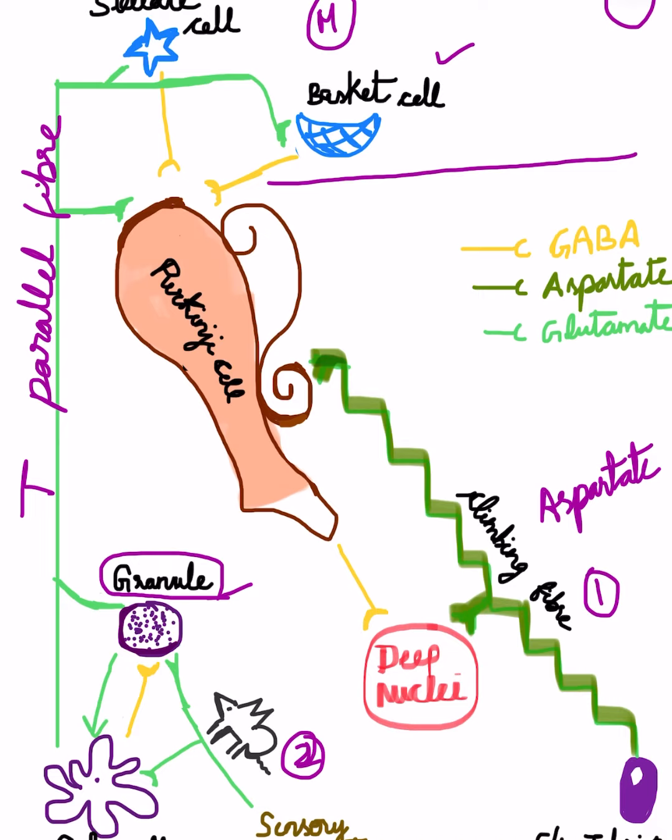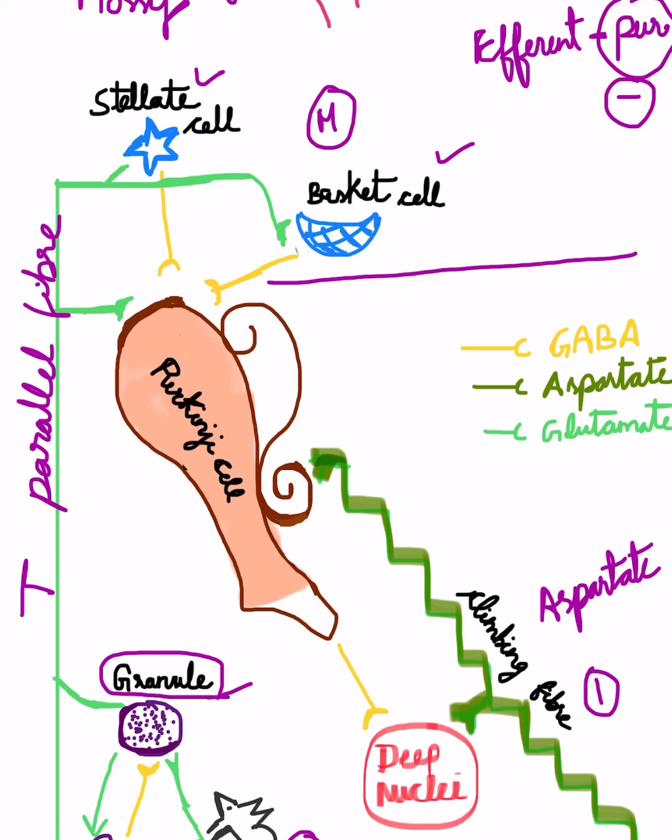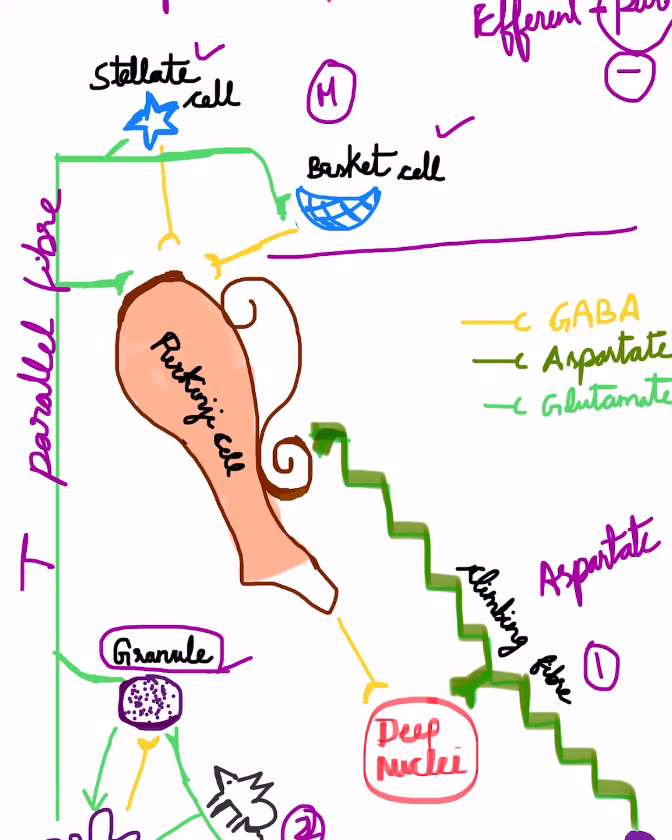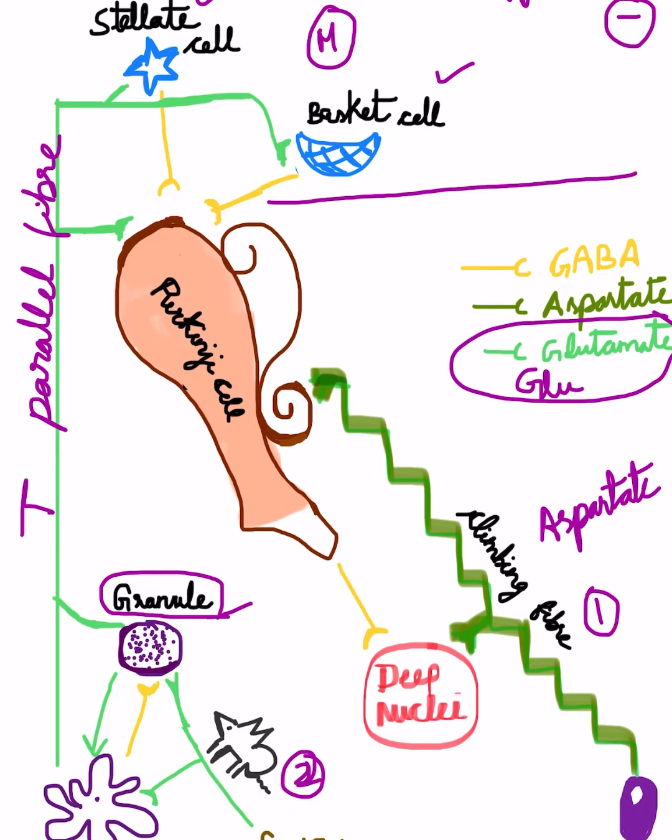The granule cell, excited with the help of the mossy fiber, transmits its neurotransmitter glutamate through the long T-shaped parallel fiber, and it excites the stellate cells, basket cells and Purkinje cells. Remember that the granule cell is the only excitatory cell and it releases only glutamate. So the granule cell relays to all the other cells, that is Golgi cells, Purkinje cells, stellate cells and basket cells.